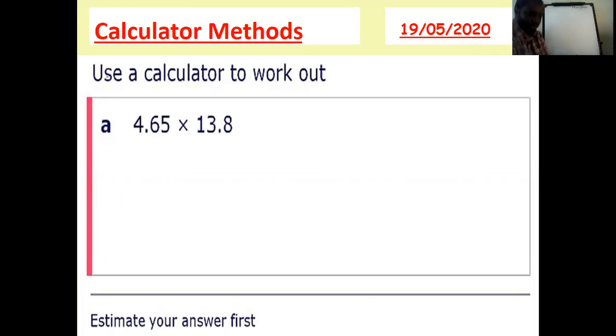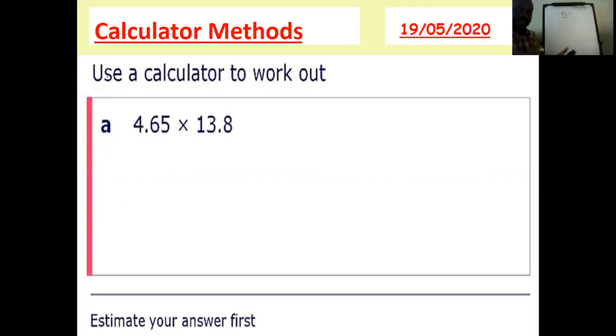When you're using a Class Wiz or a Casio calculator, you get the answer 6417 over 100. However, if you look at the question, it's given as decimals. So yes, you can divide by 100 and you get 6.417.